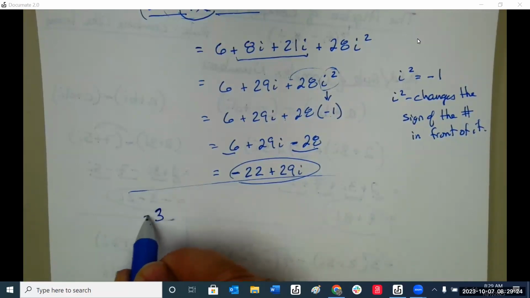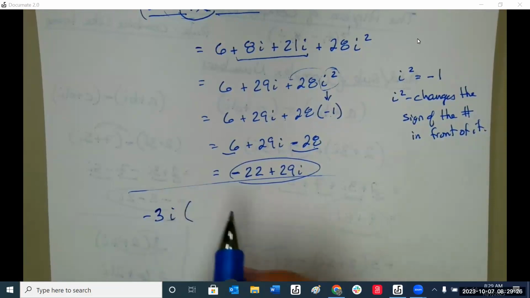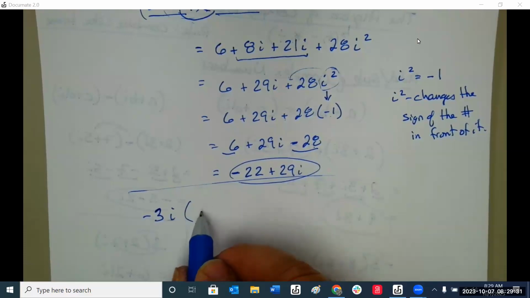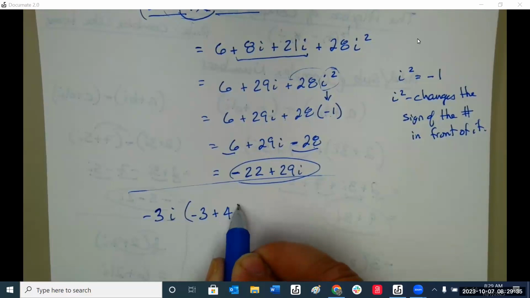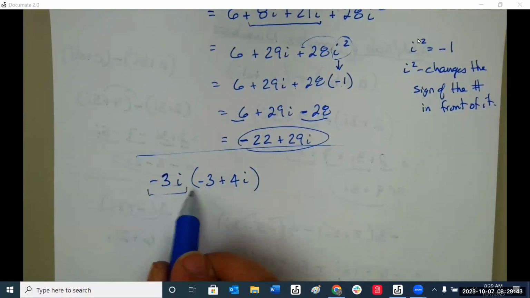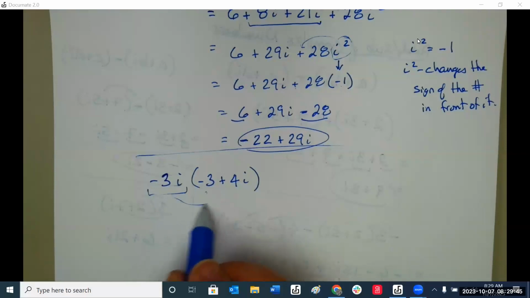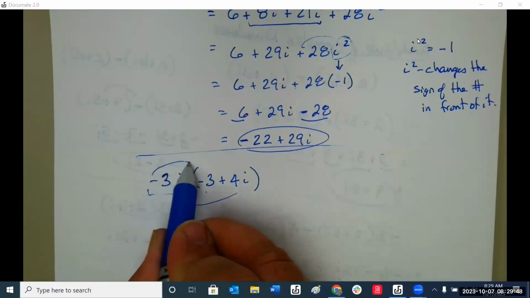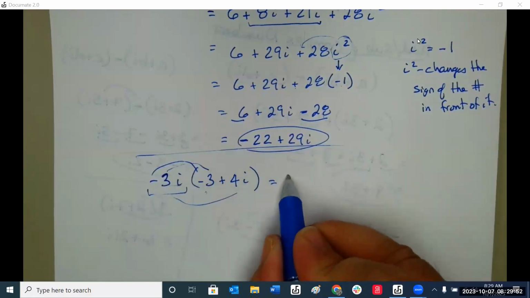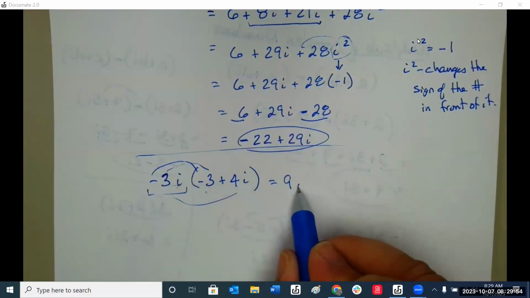We can also multiply by a constant coefficient. Our coefficients could be imaginary numbers as well. So distribute this term into both numbers in there. Negative times negative is a positive. 3 times 3 is 9i.